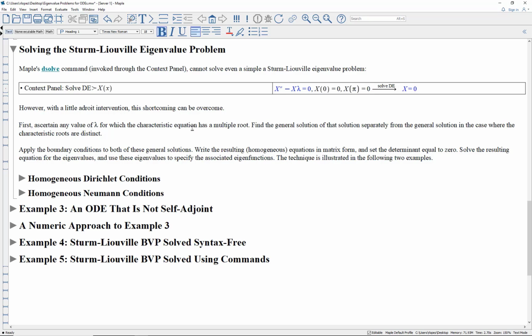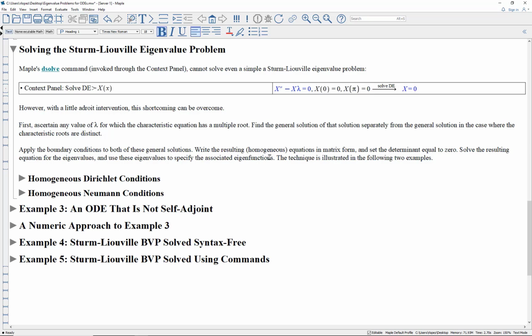You want to find out, are there values of lambda for which the characteristic equation has a multiple root? Because that general solution is different from the general solution where you have two different roots and one does not morph into the other. Then you apply the boundary conditions to these general solutions and you see what the resulting homogeneous equations are.